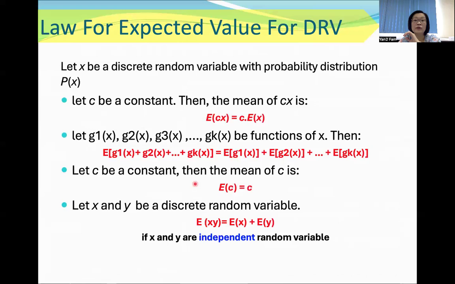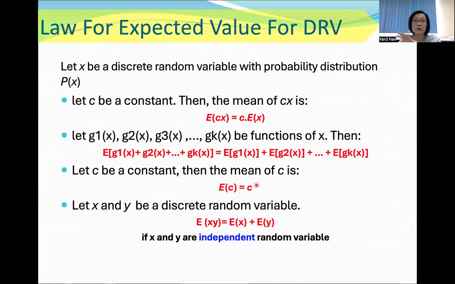There are also a few expected value or mean rules for DRV. For example, I have a constant and I have a variable. I can take the constant out. So I can only focus on the variable and the C remains as a constant. If I have only a value, the constant, then that is my expected value.